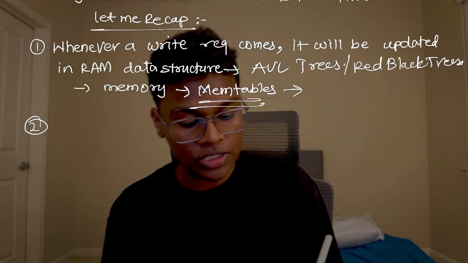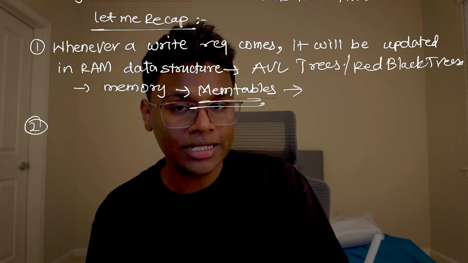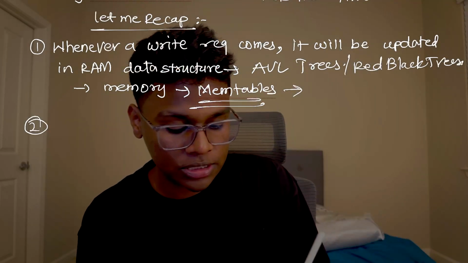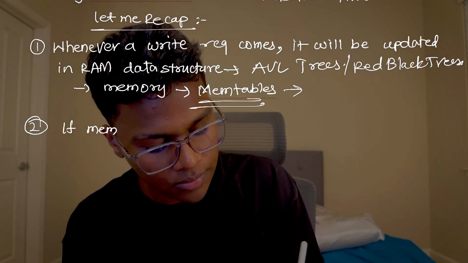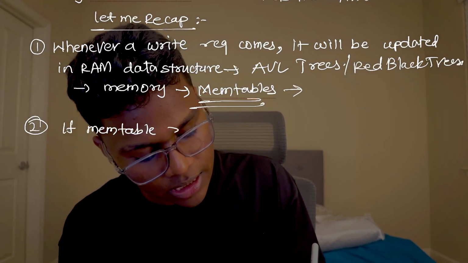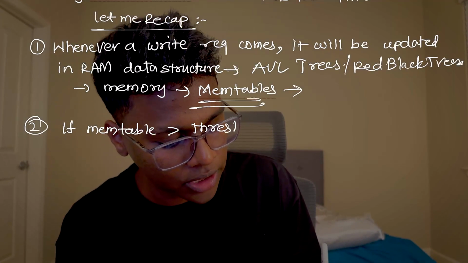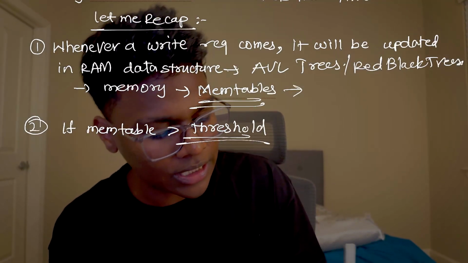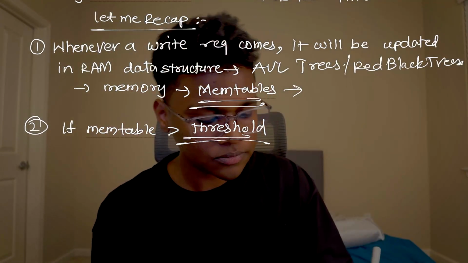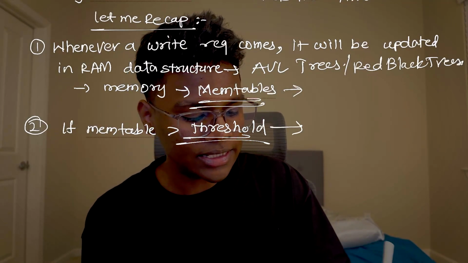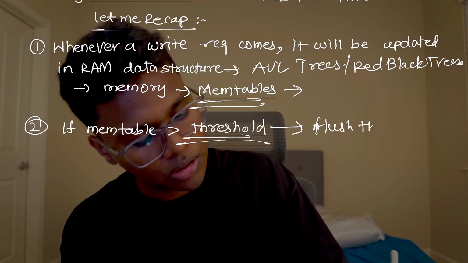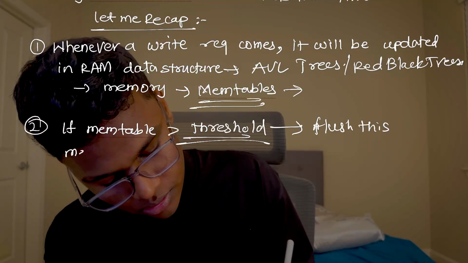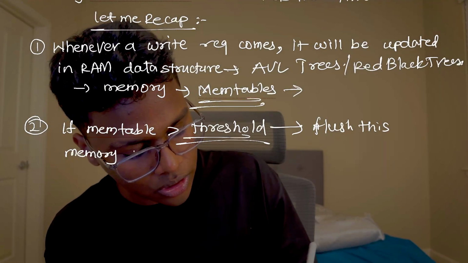But what happens if this index goes above some threshold? If the memtable is greater than some threshold that we should define as a user or as a database creator, once it is greater than that threshold, we would flush this memory onto the disk.